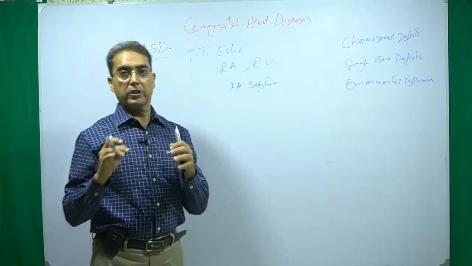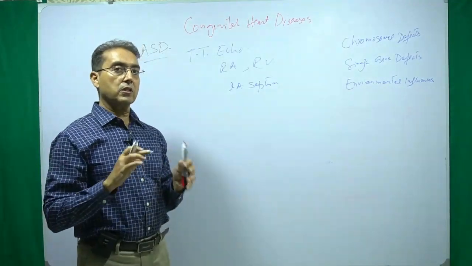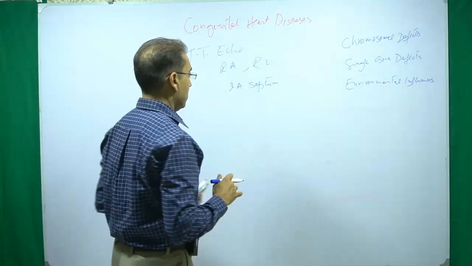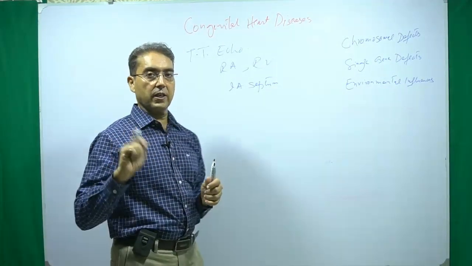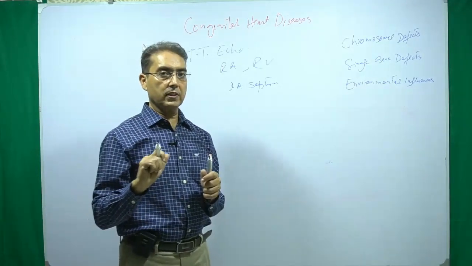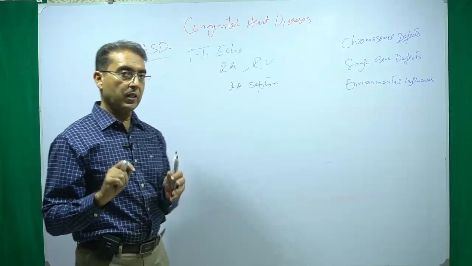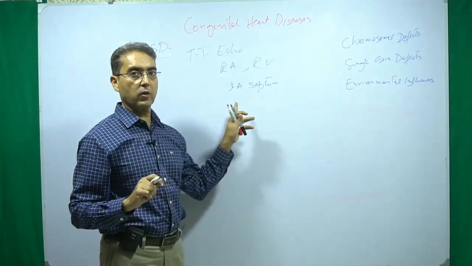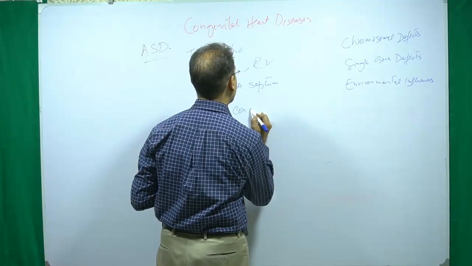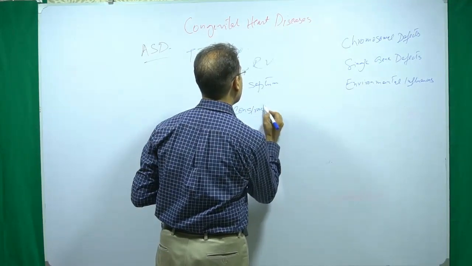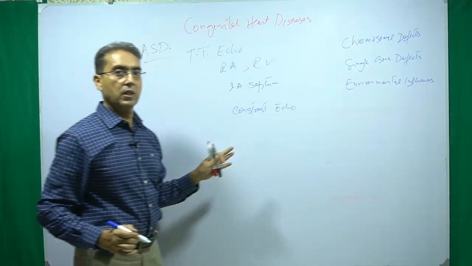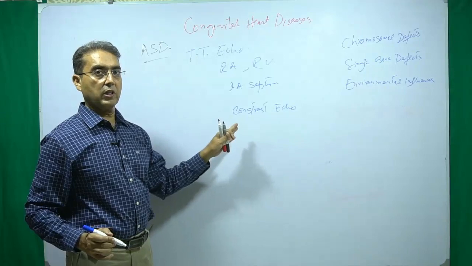And if we inject the contrast, we can see the direction of shunt. For example, if you agitate saline, small bubbles are formed in the saline. If you inject these bubbles, they act as a contrast medium for the echo. So you can see the movement of these bubbles across the defect and see what is the direction of the shunt.